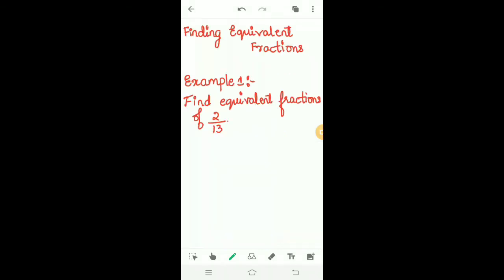Next, we will learn finding equivalent fractions. To find equivalent fractions of a given fraction, we multiply or divide the numerator and the denominator of the fraction by the same number other than 0 or 1. For example, find equivalent fractions of 2 by 13.